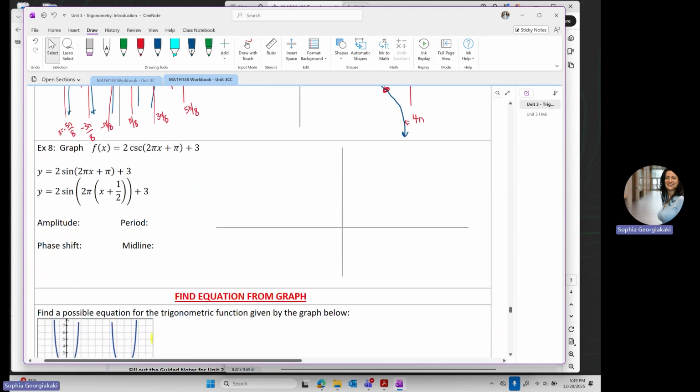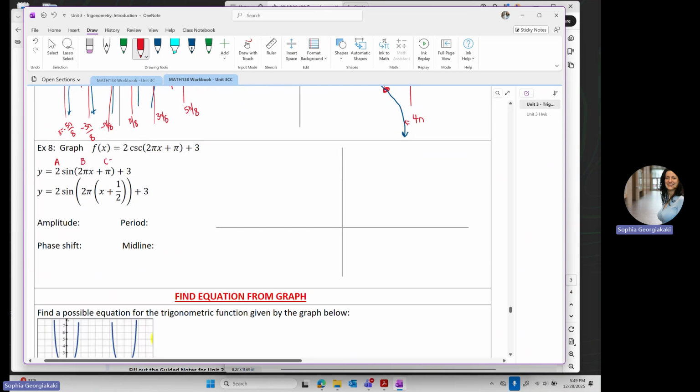If I want to graph a transformation of a cosecant function, I will graph the transformation of the sine function and then eliminate the sine graph and leave the cosecant. So I want to refresh our memory on how to graph the sine function. It has a equal to 2. It has b equal to 2 pi.